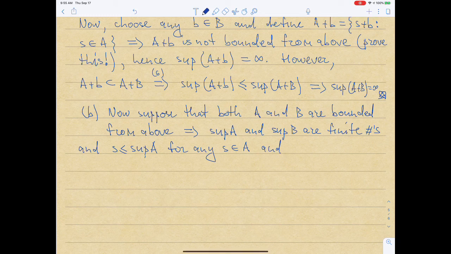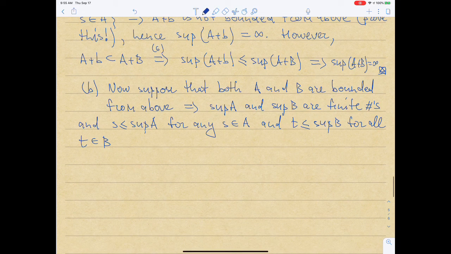And likewise, supremum of B is an upper bound on B, so T is less or equal than supremum of B for all T in B.